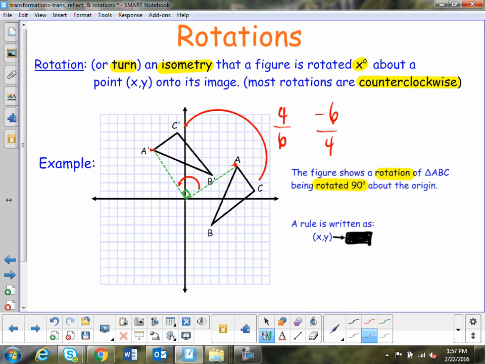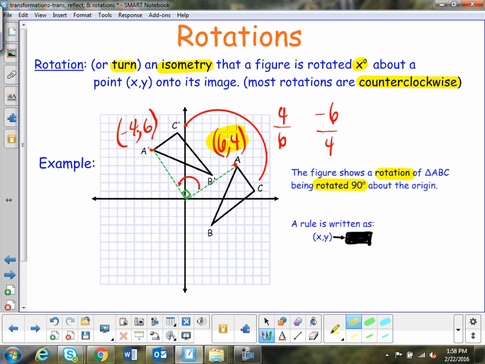Once you do just one point, you should be able to come up with the rule. What was A originally at? 6, 4. And then I did the opposite reciprocal to make that 90-degree angle. What's A prime at, Bill? Negative 4, positive 6. Now, focus on those two numbers.